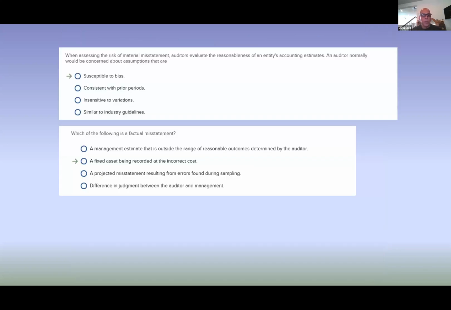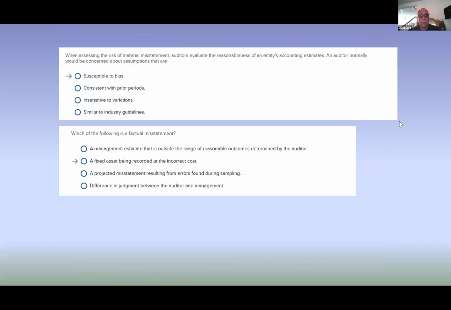Okay, so let's go ahead and take a look at a couple of questions. When an auditor is assessing the risk of material misstatement, the auditor evaluates the reasonableness of the accounting estimates. An auditor normally would be concerned about assumptions that are, and you can see the answer, subjective to bias.